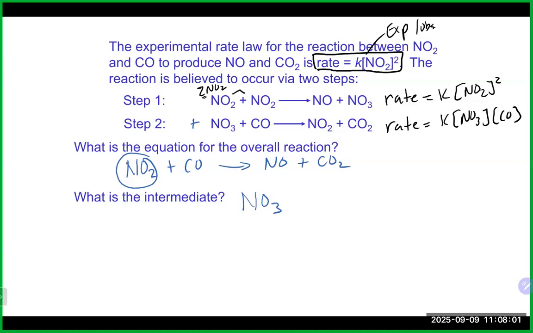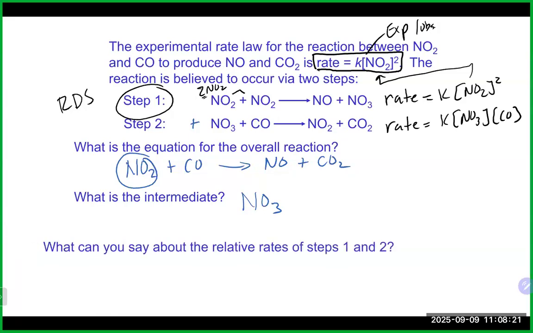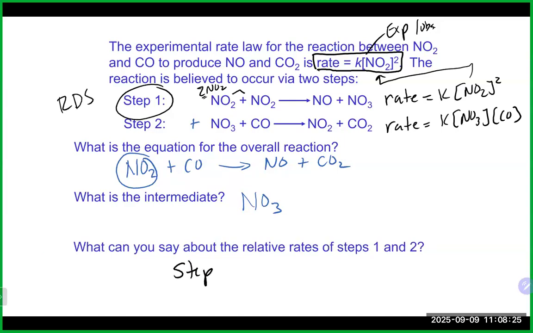Yes, step 1 is the rate determining step here, because it has a matching rate law to the one found experimentally. So that means step 1 is going to be the slowest step in the mechanism. It is the one that's going to determine the overall rate of this reaction. So when we talk about the relative rates, step 1 should be slowest, and step 2 should be relatively much faster than step 1.